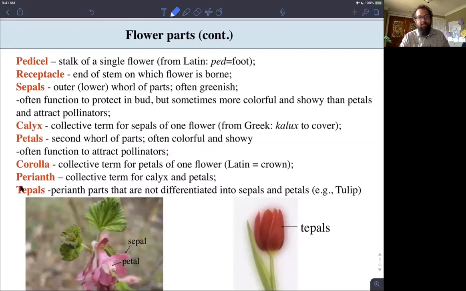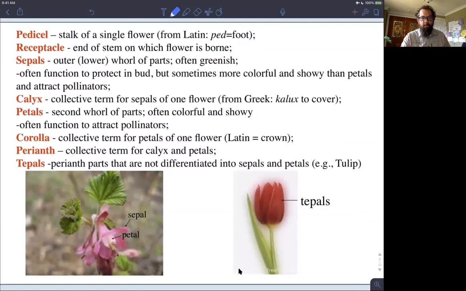I've added one additional one on here, which are the tepals. And so when the perianth parts, the sepals and the petals, are not differentiated from each other, when the sepals and the petals are both very similar, like you see in a tulip, we call these tepals.